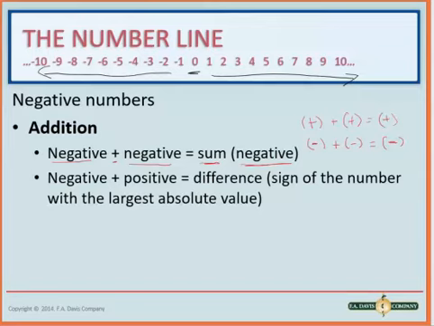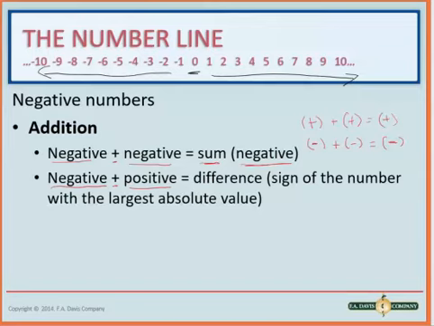If you're adding to another negative number, the sum is going to end up with a negative number. Let's say you have the scenario of a negative number plus a positive number. You're going to end up with a difference, and the sign of the number with the greatest absolute value is what sign you're going to have to use ultimately.